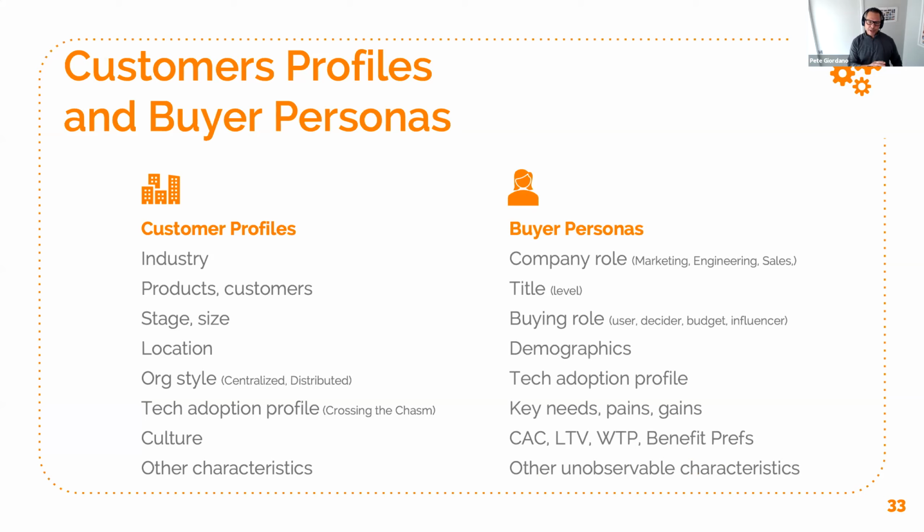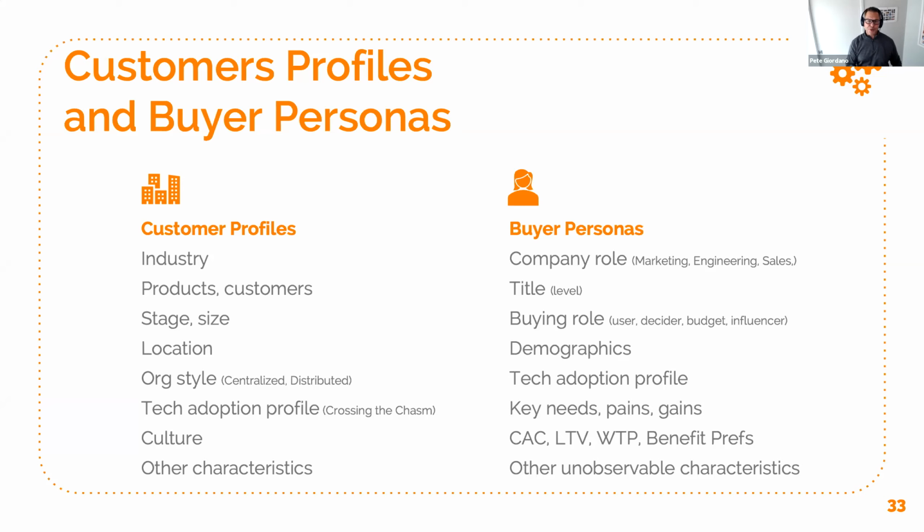It's mission critical. If you're not thinking about your target customers along these 2 dimensions with all of these characteristics and more, then your pricing expedition will be a failure, right? You have to be honed in on the buyer personas. One of the big things about buyer personas is that you have to get a good understanding of both these observable characteristics, things that you can find on LinkedIn, like the role of the person, the title of the person.